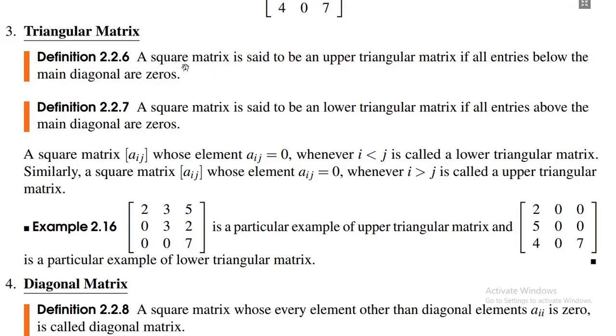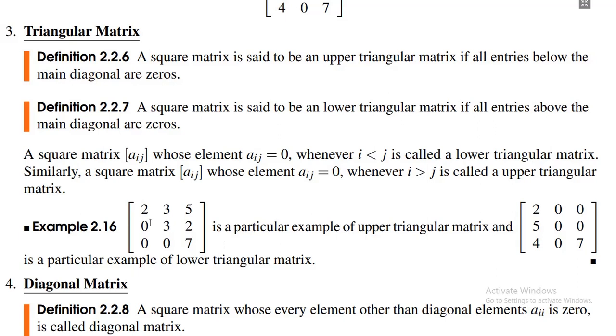Or you should follow this definition: a square matrix is said to be upper triangular if all entries below the main diagonal are zeros, and lower triangular if all entries above the main diagonal are 0. Or you may follow these short and precise definitions.